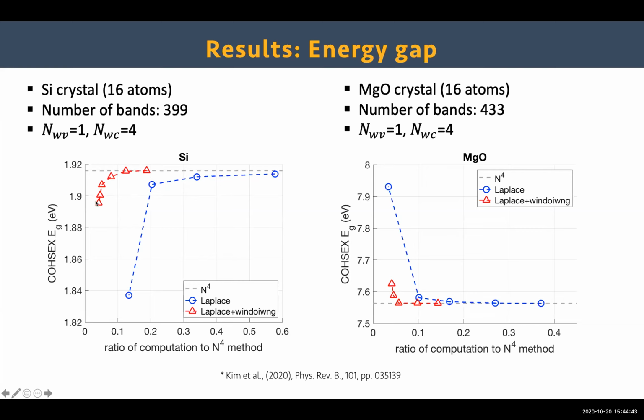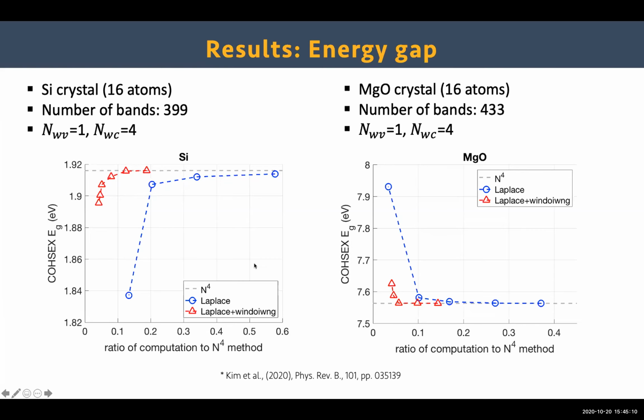And depending on how close you get to the N to the fourth result, the ratio of the computation changes. Basically, if you are using more quadrature points, then your requirements for the calculation are increasing. But if you can be more relaxed about the accuracy that you want, you can basically perform the same calculation with a much reduced cost.